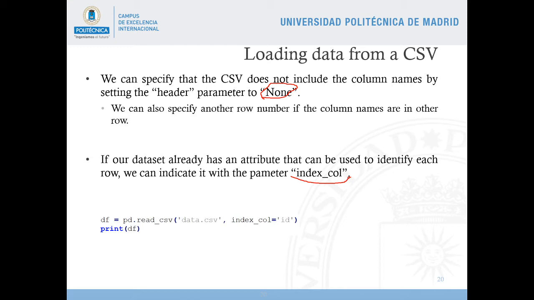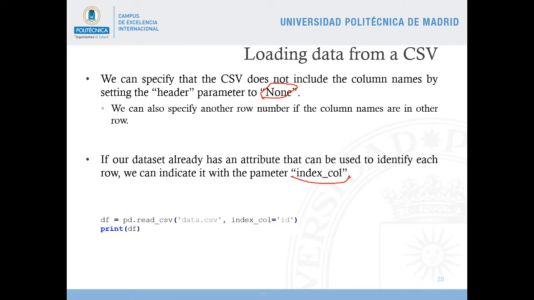Okay, 0 means I have names, but I want other names. None means that the file does not have column names. Okay, is it clear now? The difference? Okay, no problem.